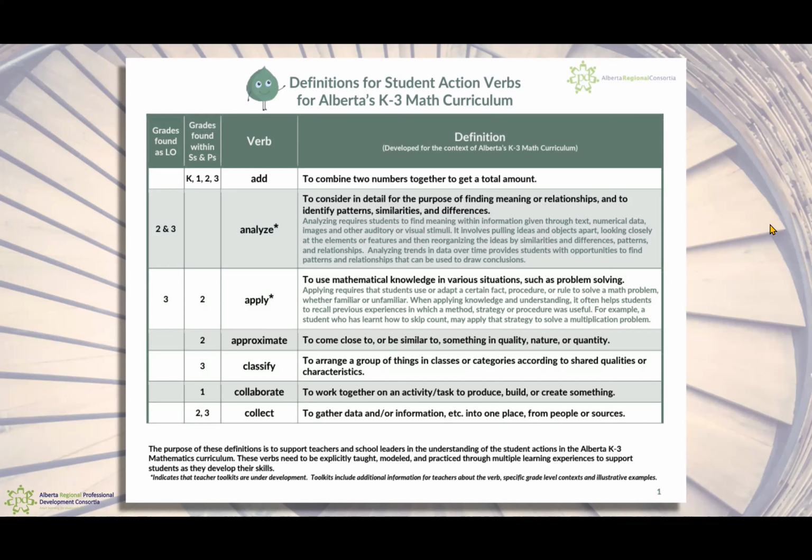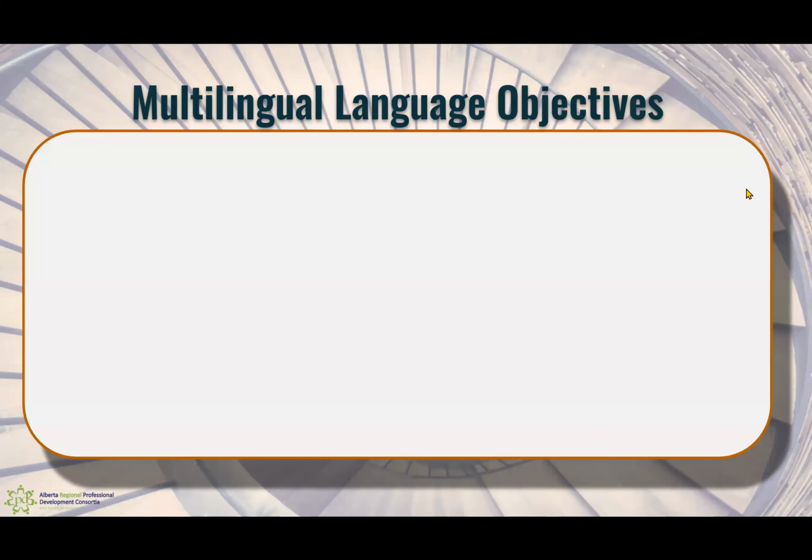This is hyperlinked in the document. I'll put a link in the chat for you. And just thinking about, if a student is approximating, that they come close to, be similar to something in quality, what language do they need to show approximate and how are they going to show that?